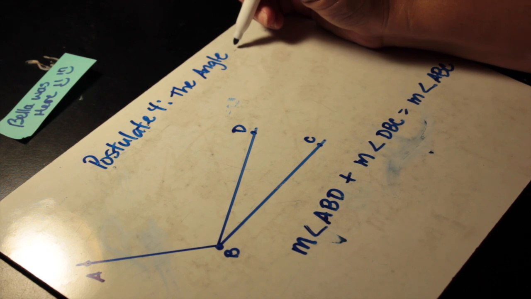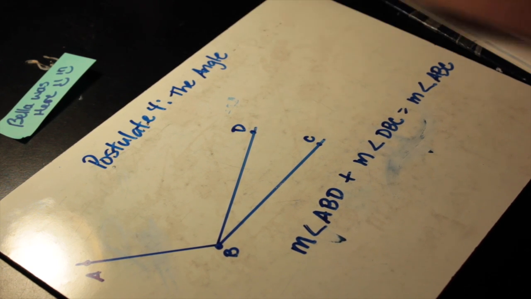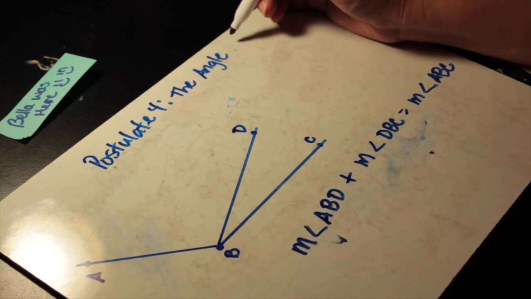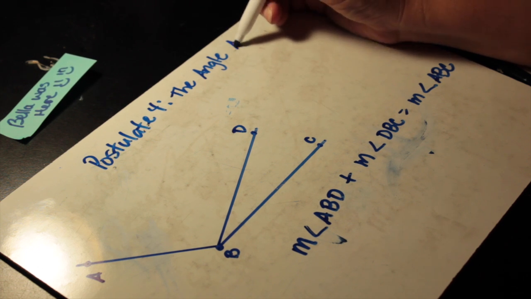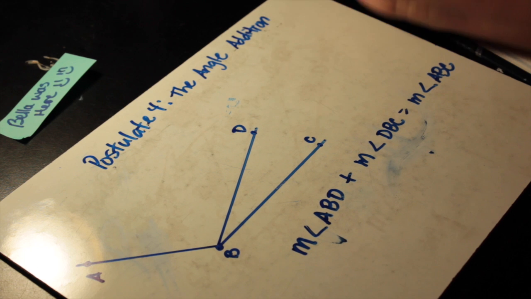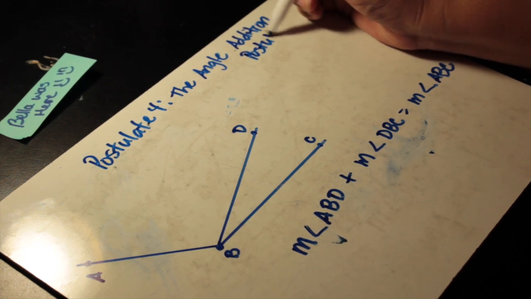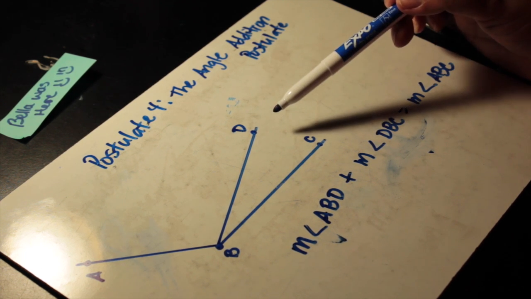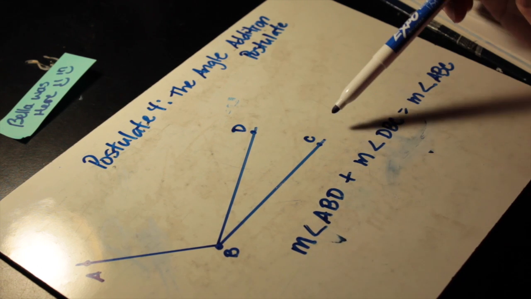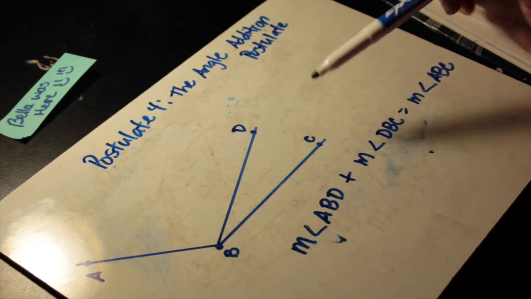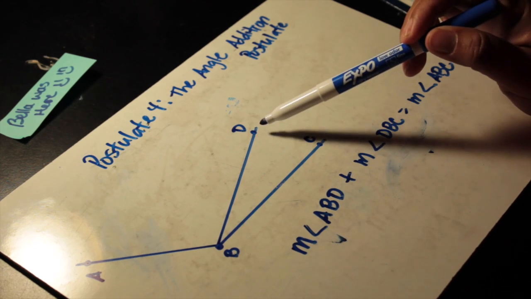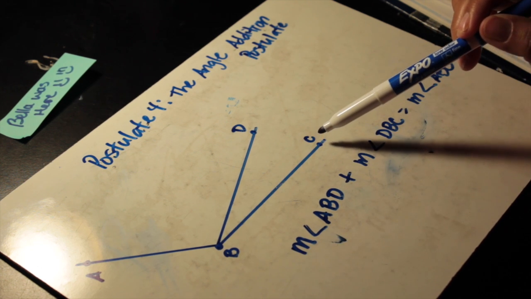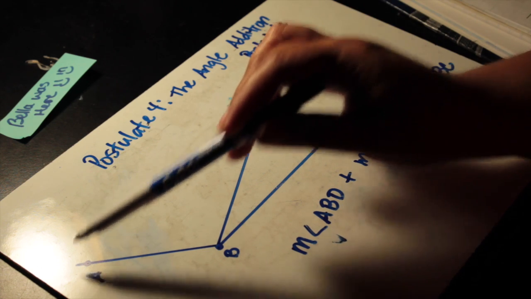Alright, so we left off at postulate 4, and we now have battery on the camera, so we can keep going. Postulate 4 is the angle addition postulate. So let me just title this. As we were saying, if point D is in the interior of angle ABC, then the measure of ABD plus the measure of angle DBC is equal to the measure of angle ABC.